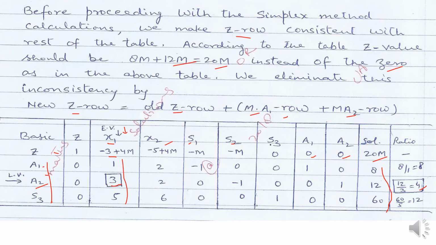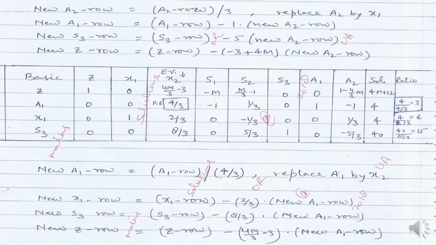And how will we do those calculations? Let's see. We take each corresponding element and do the calculations. So the a2 row is a2 row by 3, which I have already told you, and a2 we replace by x1.